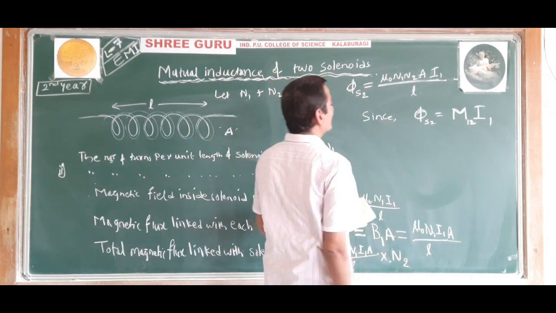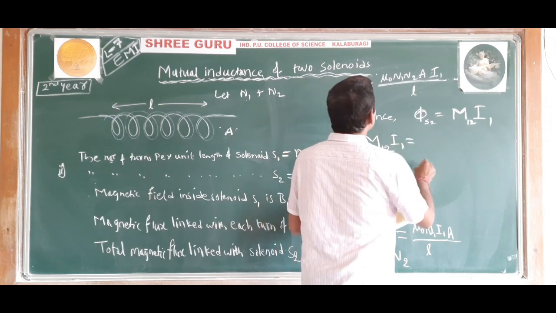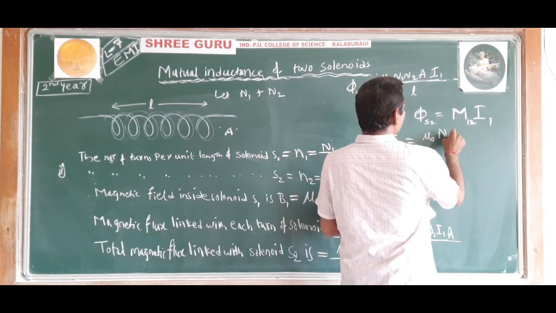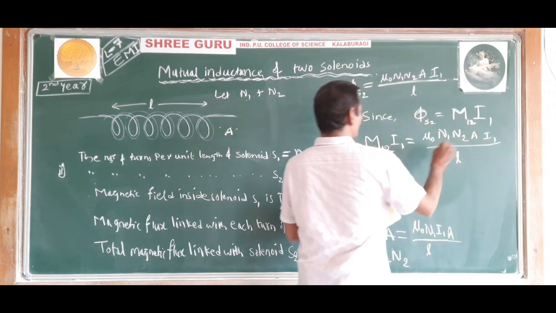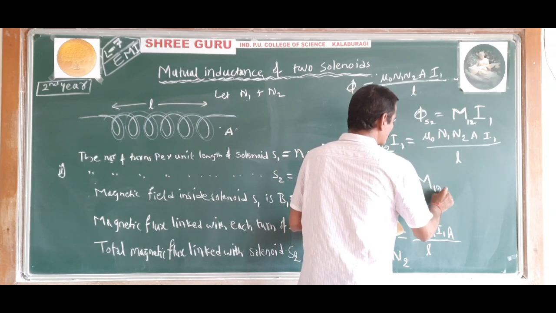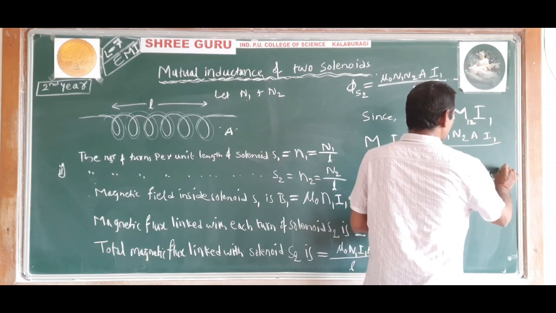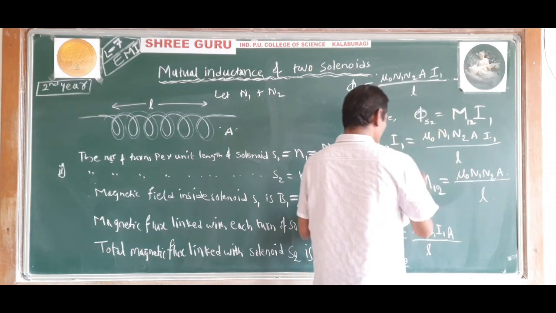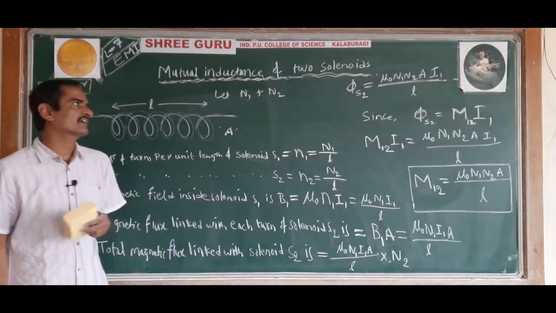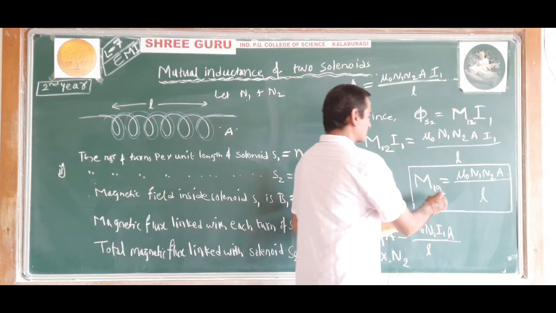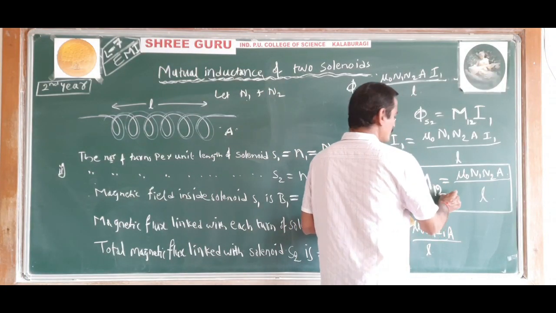So comparing these two equations, we will get M12 into I1 is equal to mu naught N1 N2 A I1 divided by L. Now I1 cancels. So M12 is equal to mu naught N1 N2 into A divided by L. So this is the expression for the mutual inductance of the second solenoid with respect to the first solenoid.